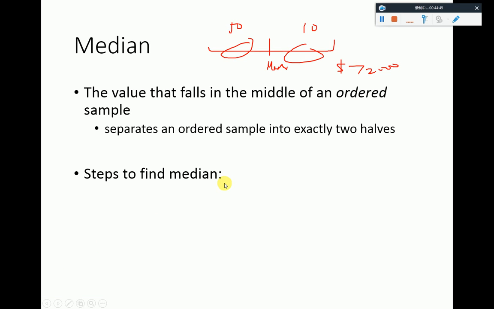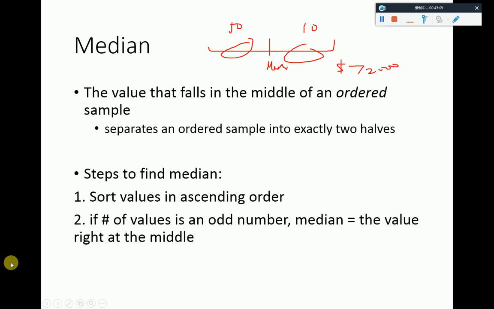It turns out that there are steps to follow, as we do have for mean and mode, to find medians. First of all, we should sort the values in a certain order. It can be ascending, it can be descending, doesn't matter, as long as it's one of the two. The second step is that if the number of values is an odd number, then the median will be the value that is right at the middle of this ordered sample.